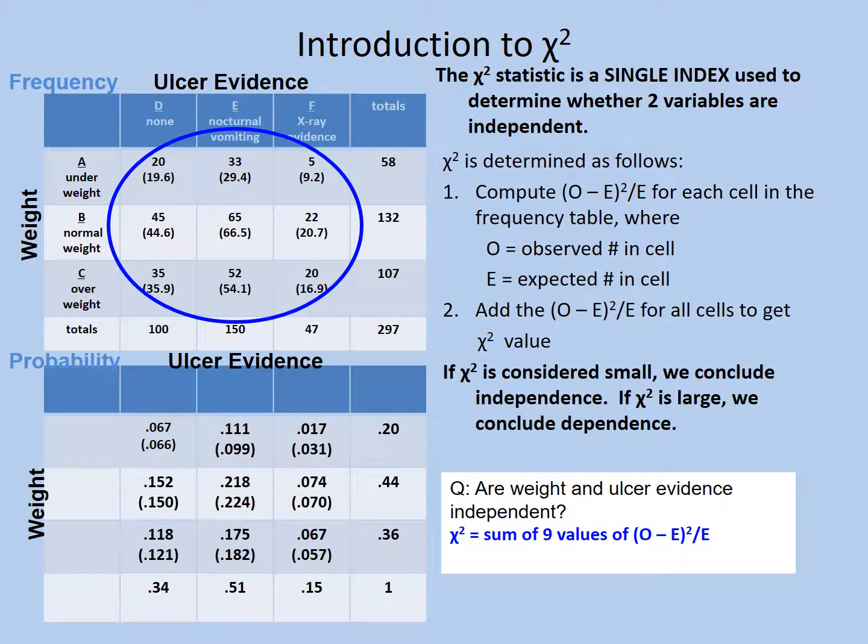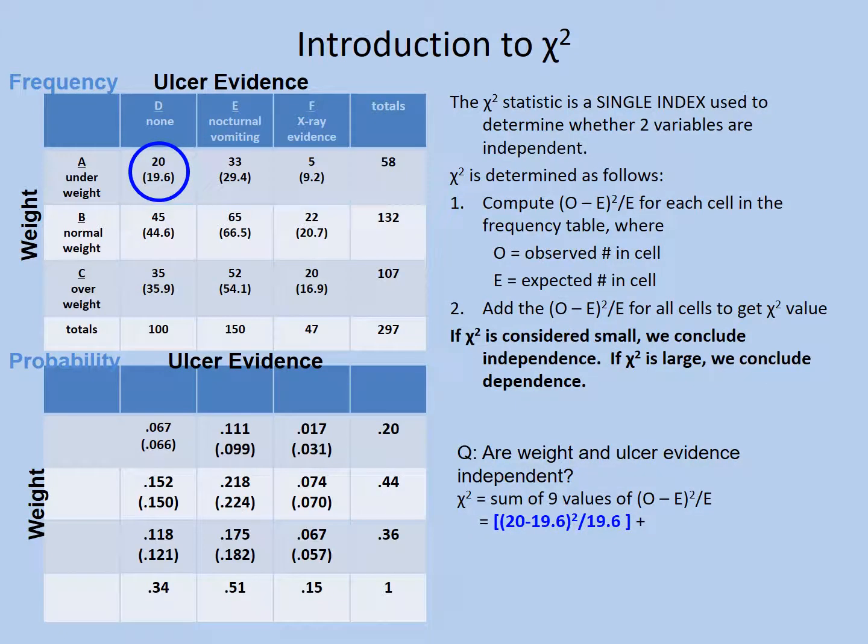To answer this question, we must use the cell frequencies in the table at the top to compute a chi-square statistic, which is the sum of 9 values of the form O minus E squared over E. The first of these values, which corresponds to those subjects who are underweight and have no ulcer evidence, is given by 20 minus 19.6 quantity squared divided by 19.6.